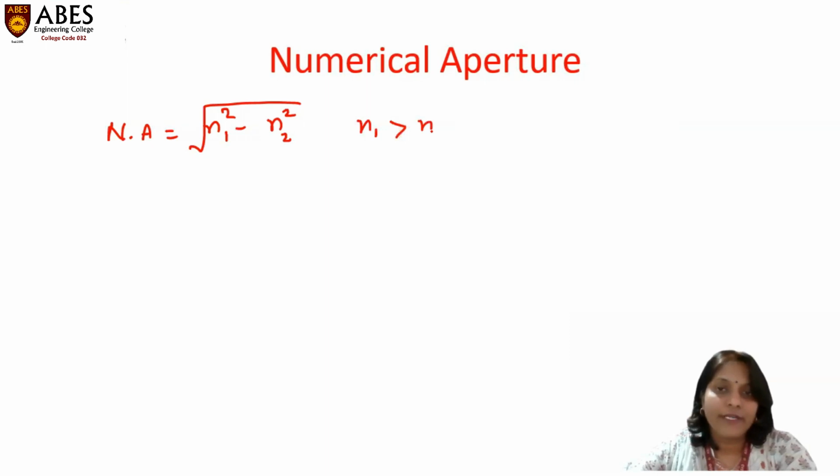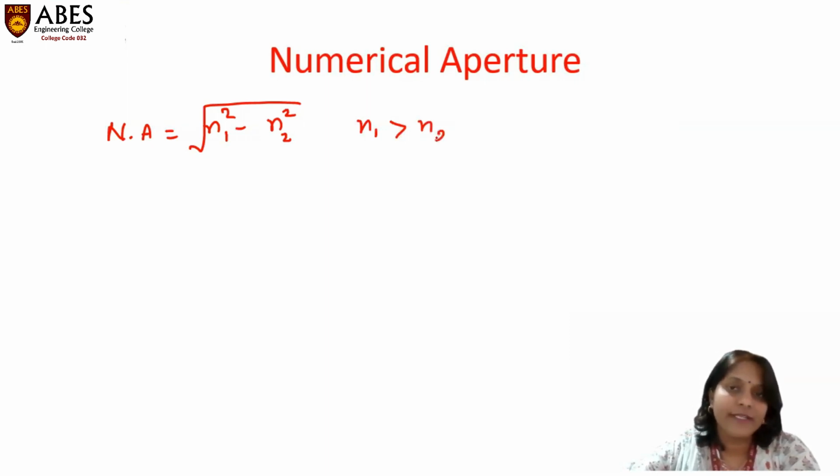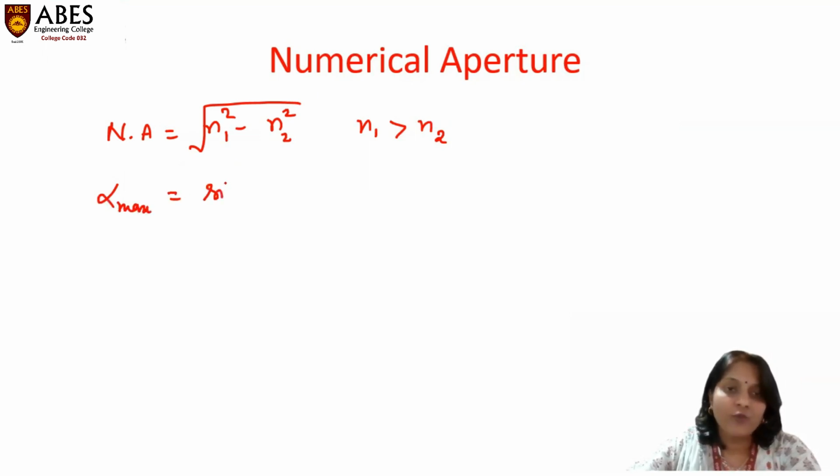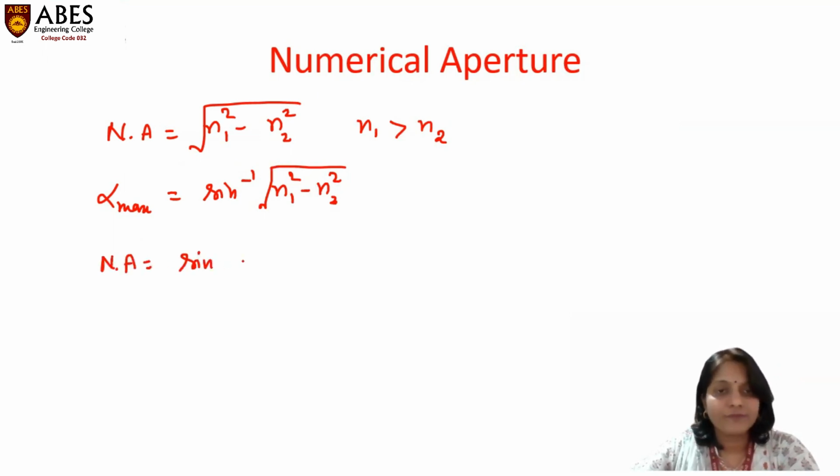For TIR, N1 is always greater than N2. Alpha max is the acceptance angle, which is equal to sine inverse of the square root of N1 square minus N2 square. Another definition of numerical aperture is the sine of alpha max, the maximum acceptance angle. These are the basic formulas which we use to calculate the numerical aperture.